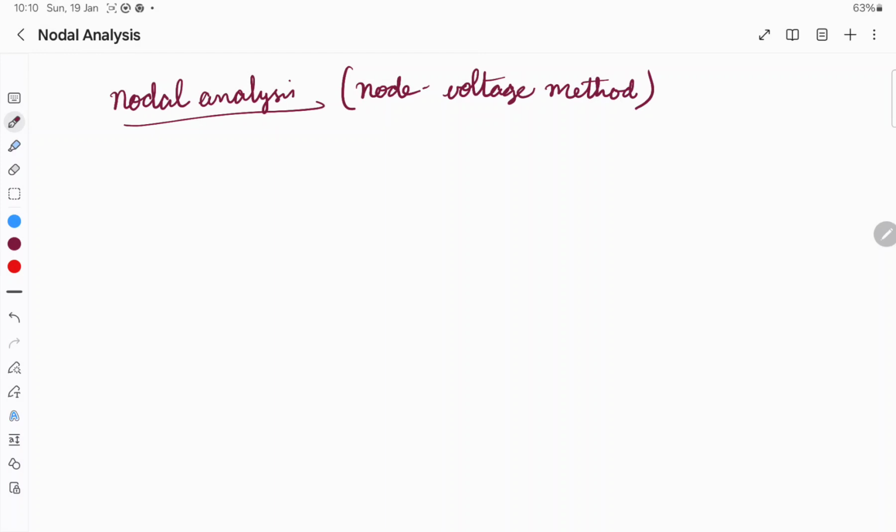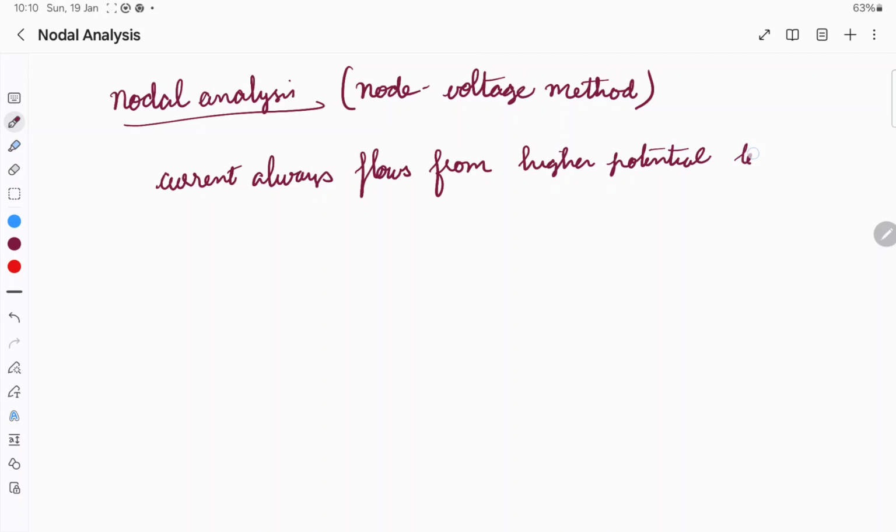Before getting into this, you have to understand a few points. Current always flows from higher potential to lower potential, particularly in a resistor.